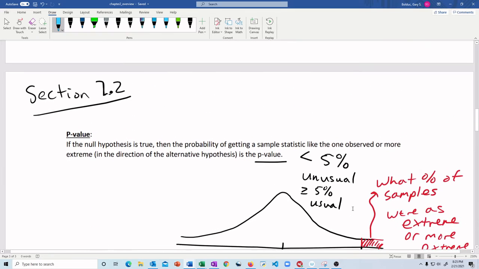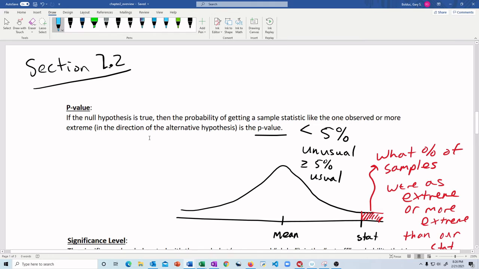The one that was just brought up right at the end of chapter 1 was this idea called the p-value. This one's going to be a little bit newer than the standardized statistic, but it still uses all of the work we've done.